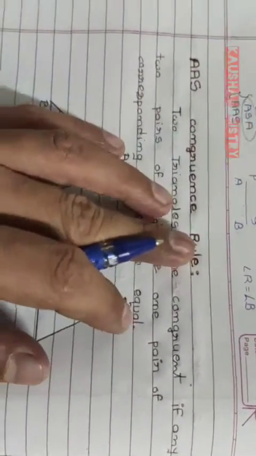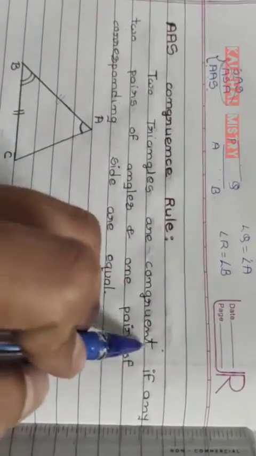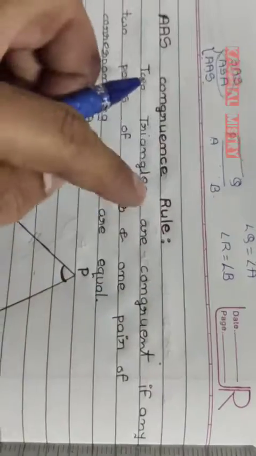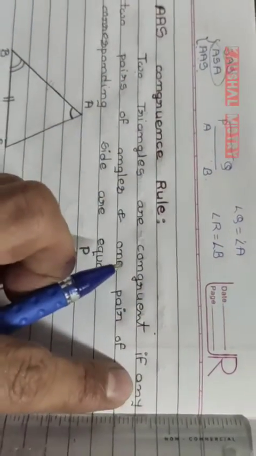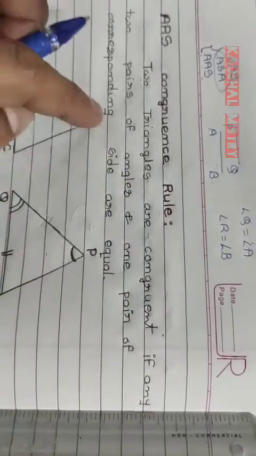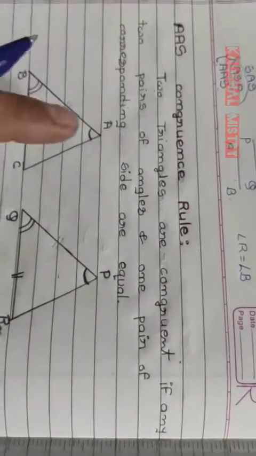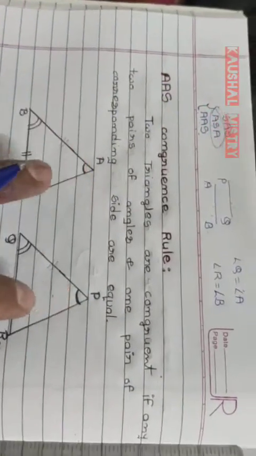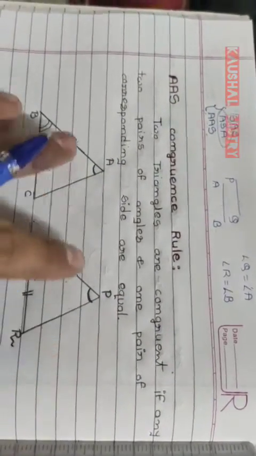AAS congruence rule. Two triangles are congruent if, that is the condition, any two pairs of angles and one pair of corresponding sides are equal. Then we can say that by AAS congruence rule, these two triangles are congruent.